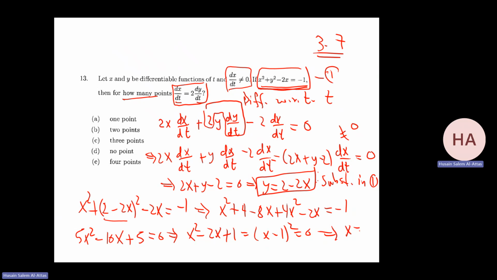So I have x equals 1. If x equals 1, y will be what? Substitute it here. y equals 0. So how many points do we have? One point only, and that is (1, 0). So this will be my answer.